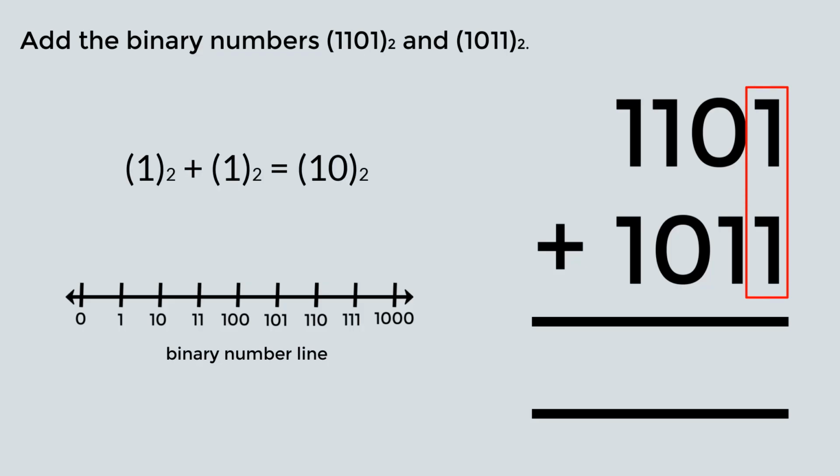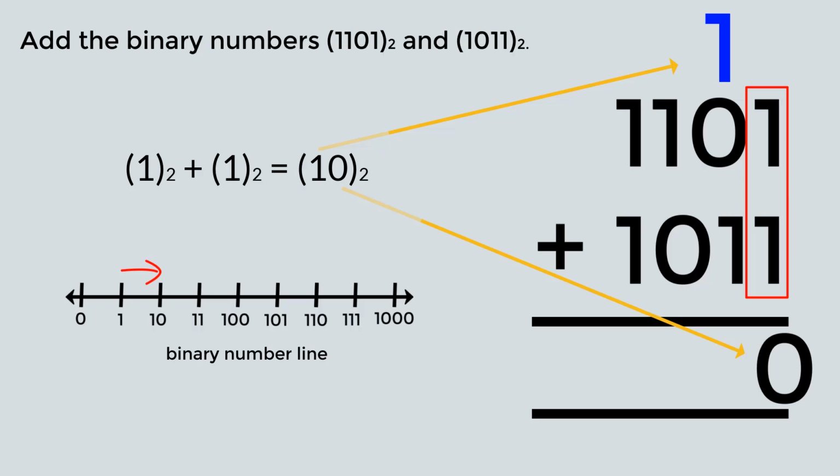First, 1 plus 1 is equal to 10. Now we see a carry value of 1. In base 2, we cannot write the quantity 2 using a single digit. So we write 0 in the current position and carry 1 into the next position.